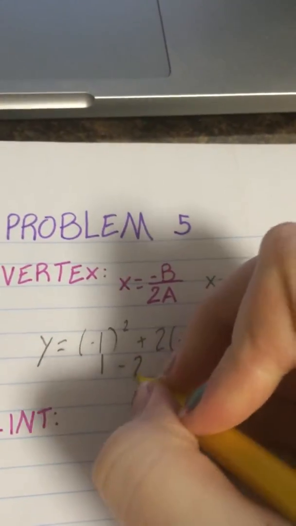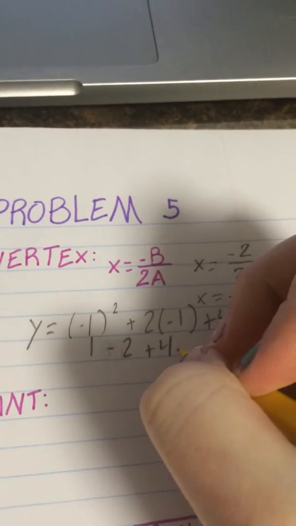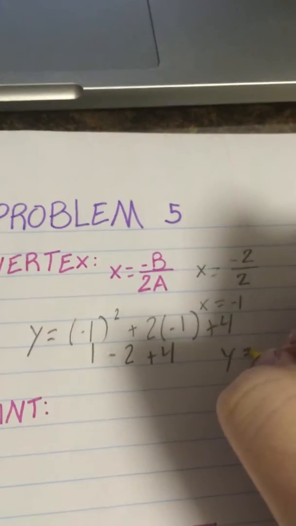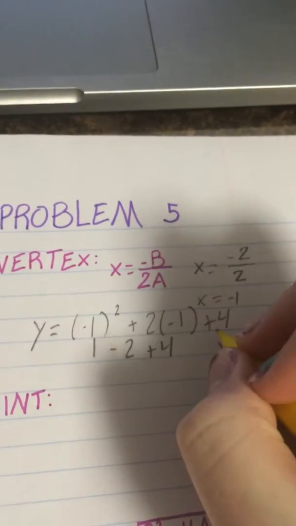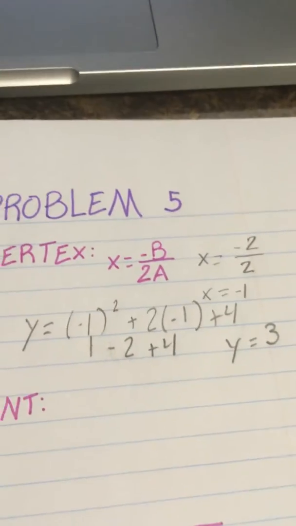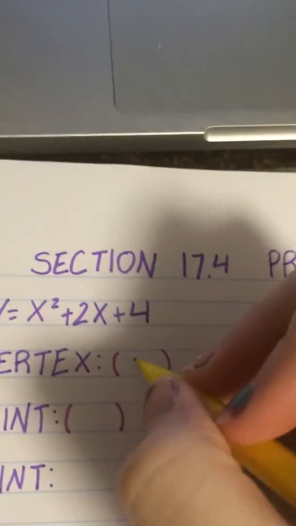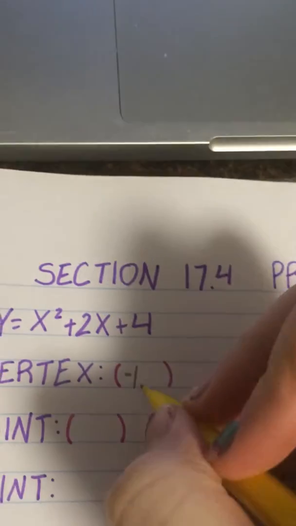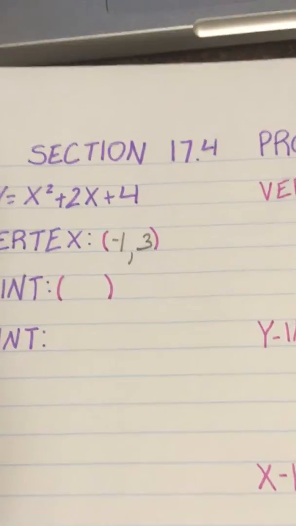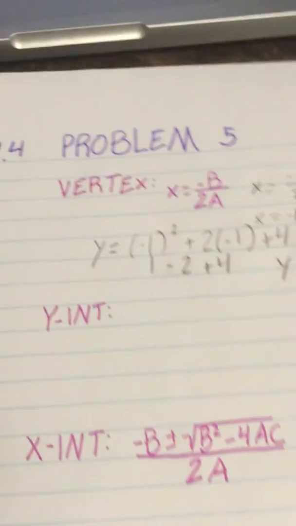So minus 2 plus 4. So now we've got our y equals 4 minus 2 is 2 plus 1 is 3. So our vertex is going to be negative 1, 3.